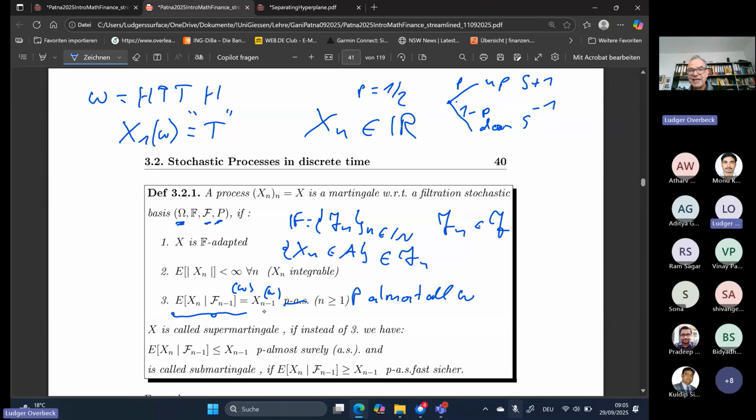We would say the prediction of your future value given the value 1 day before is fair. Meaning in a game, if Xn is your current gain in a fair game, like a coin toss, on average you will have the same.